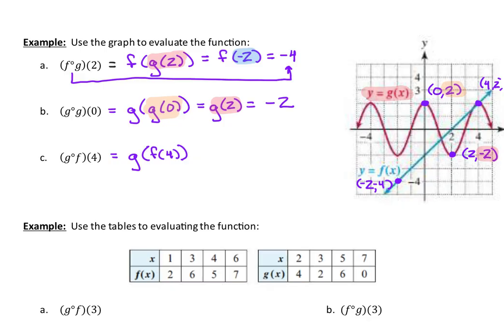We are going to keep the y-coordinate. This becomes g of 2. And again, we have g of 2 is equal to negative 2.